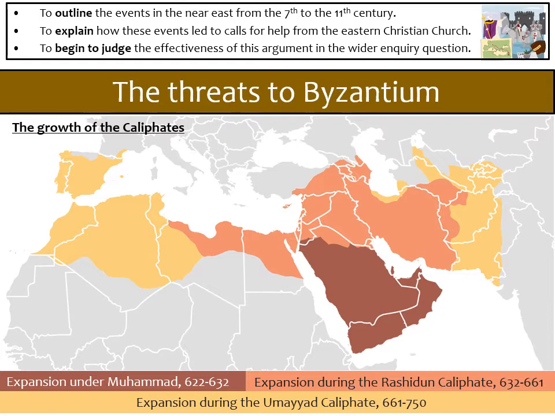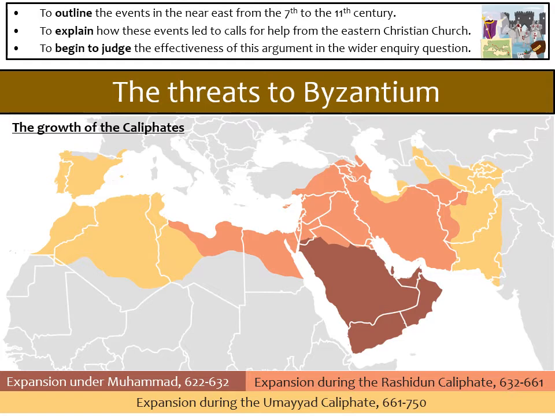Now, the expansion of Islamic leadership is sometimes known as caliphates, and we call this particular period the growth of the caliphates. Now, we have 3 successive caliphates, so these are different rulers under each, that are leading these caliphates, and they spread through the 7th century and into the 8th century.